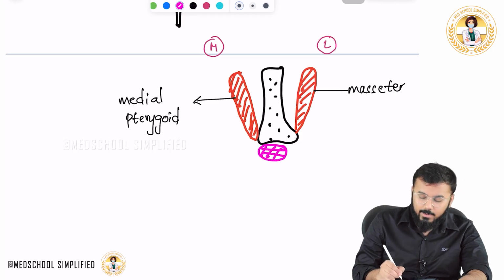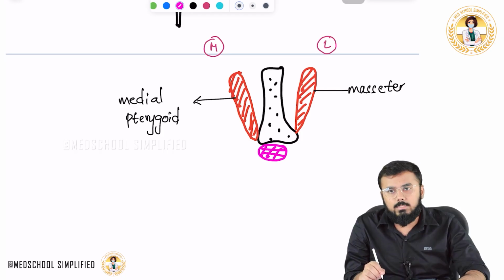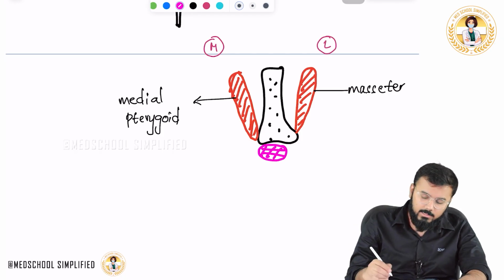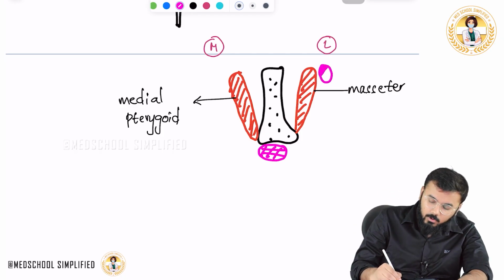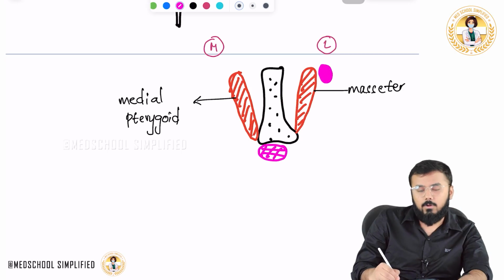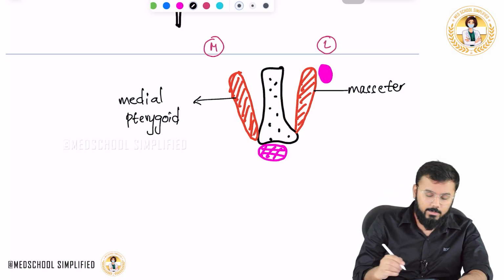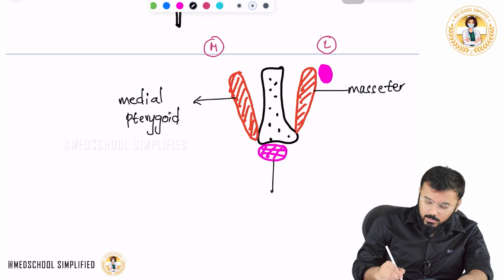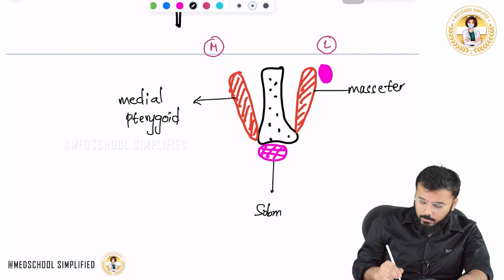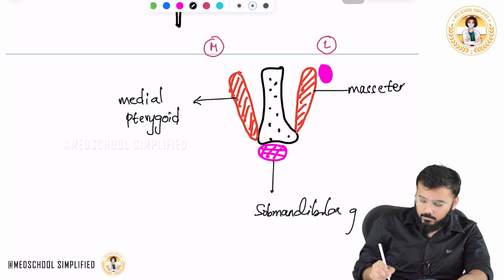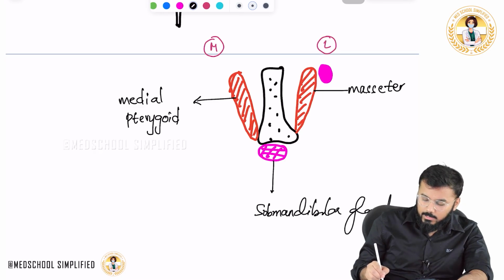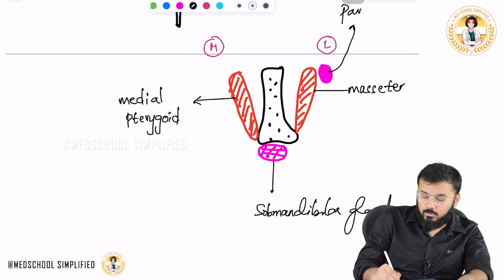This particular gland which you can see here is called a submandibular gland. In the same way, you even have got a gland over here. This particular gland over here which you see is called a parotid gland. So there are 2 different types of glands. This is called a submandibular gland, and this gland over here is called your parotid gland.